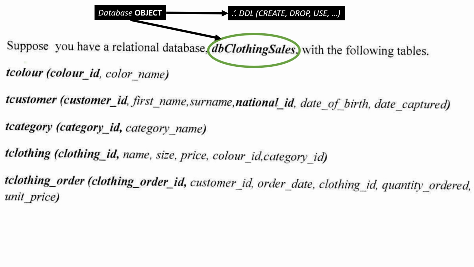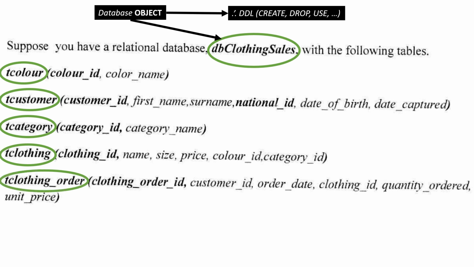So we have these objects: T color is our table, T customer, T category, T clothing order. These are our database tables, and they have their respective attributes. Now, for us to make sure that our containers contain high quality data, we have to enforce entity integrity.